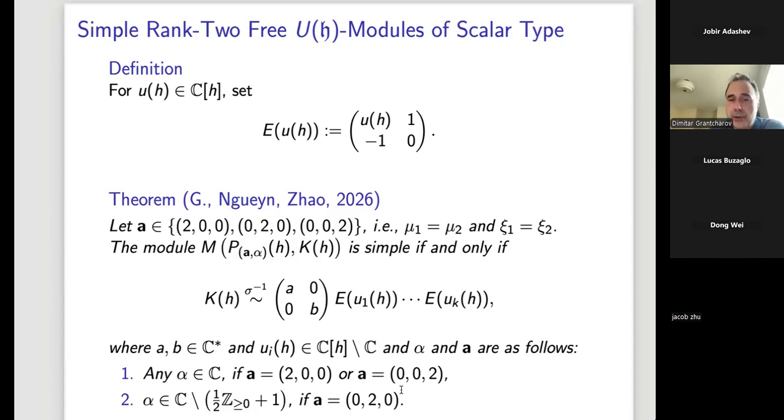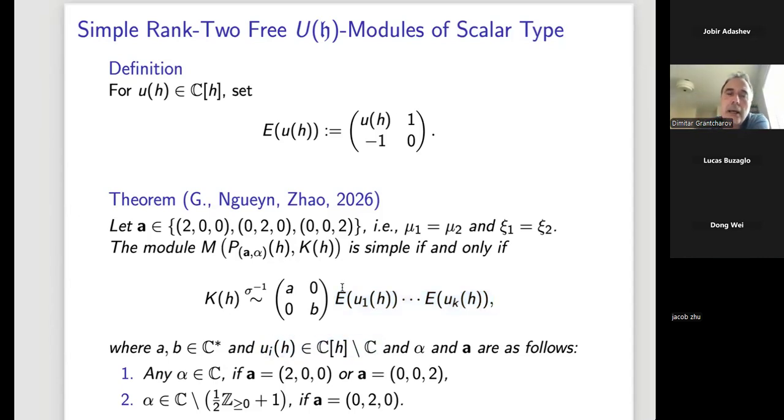So Kohn's results in very rough form is that every matrix in GL2 is a product of a diagonal matrix and matrices E of UI. And he has included a few conditions, like the first and the last of these UIs are arbitrary, and everything in between is here.